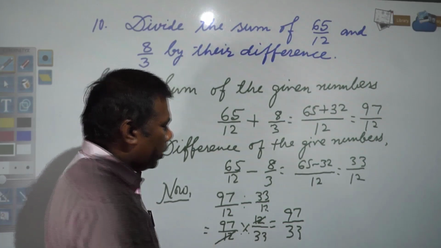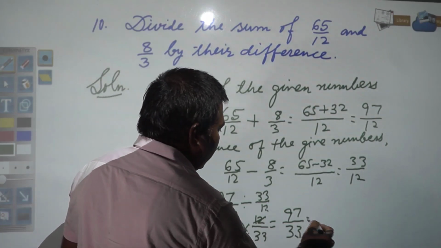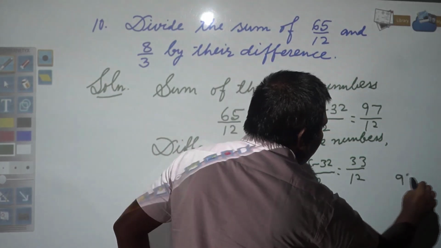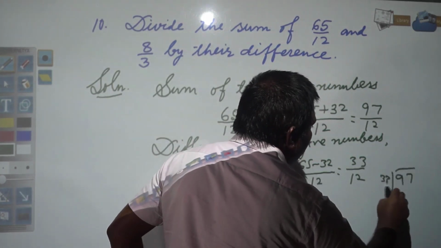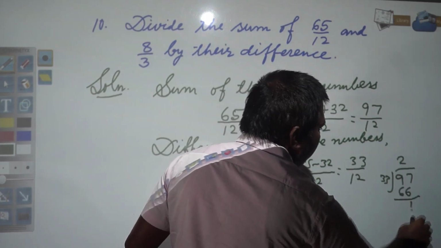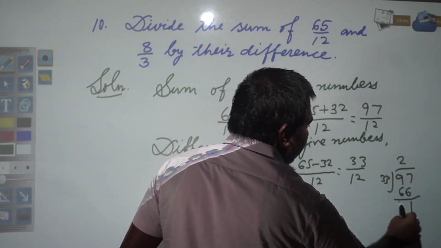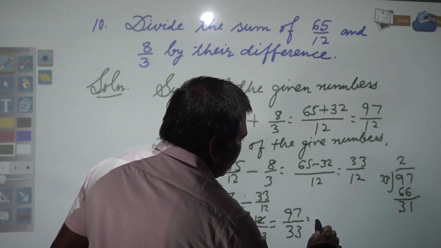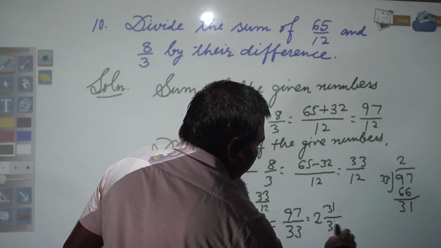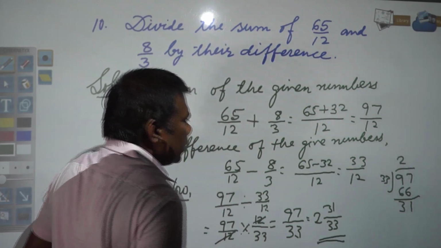This you convert into a mixed fraction. You divide 97 by 33. 2 times it will go, 66, so you will get remainder 31. So 2 whole 31 by 33. This will be your answer.